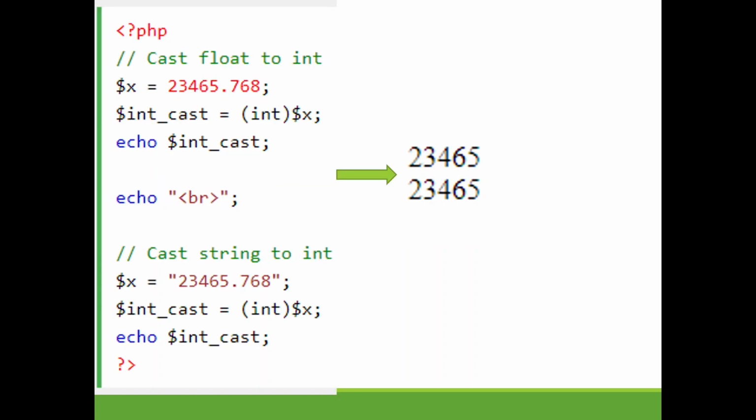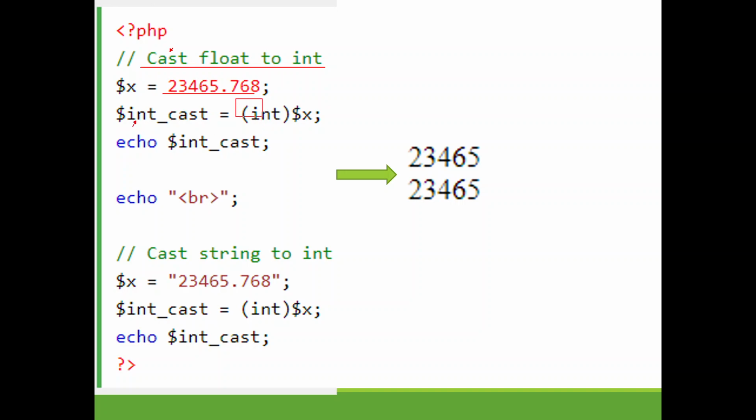So let's have a look at how to do that. In the first example, we want to convert a float to an integer. That is what is called casting. We have a float value here, 23465.768. We declare another variable called int_cast.